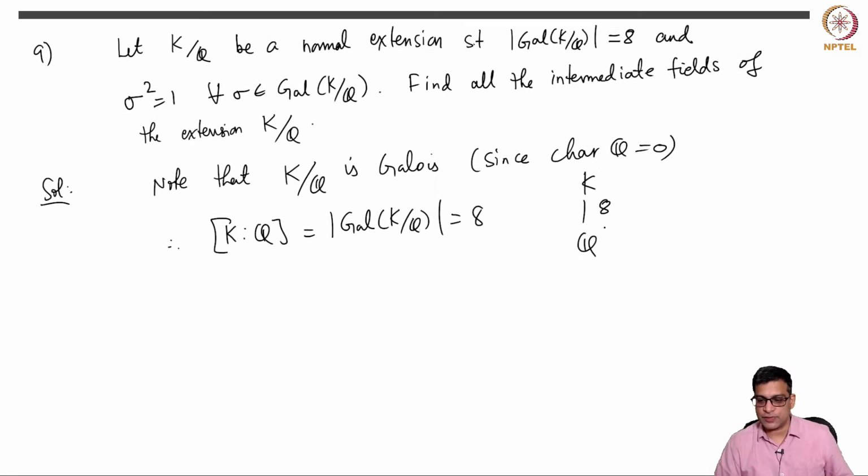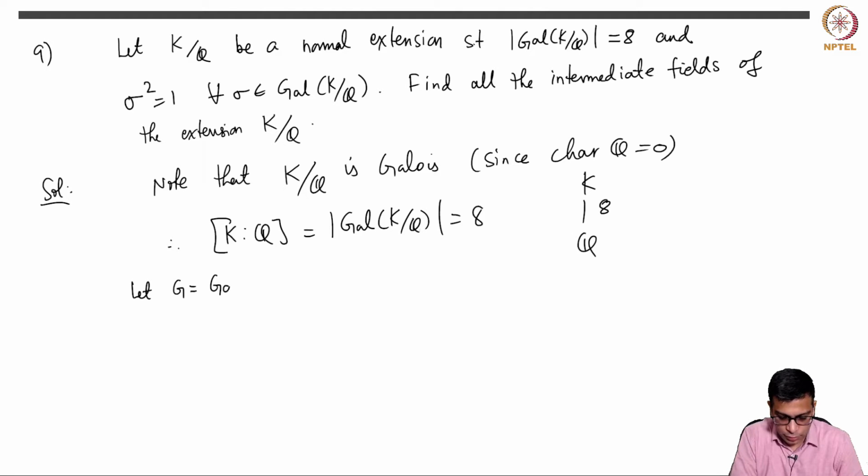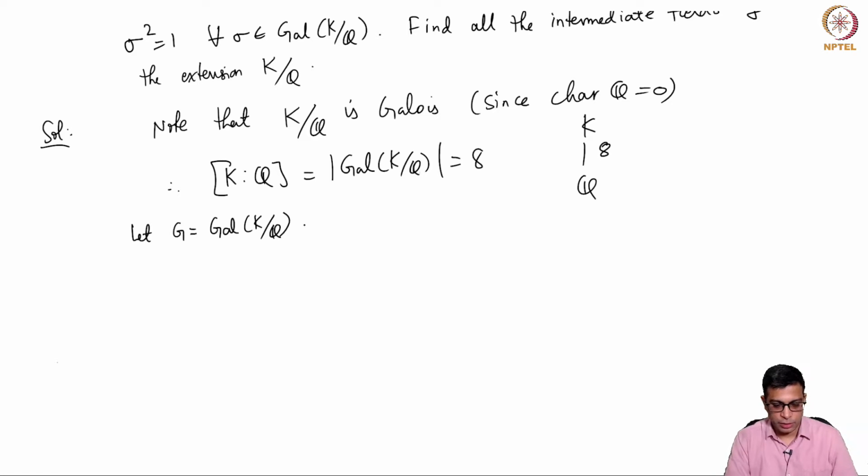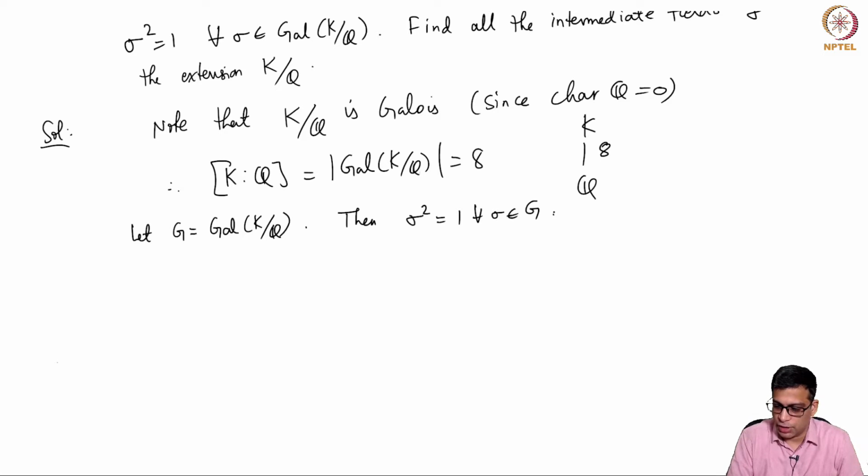Now let's use this very strong property of the Galois group. Let G be the Galois group. I'm going to write the Galois group as G because it's convenient. Then sigma squared is 1 for all sigma in G. This is the hypothesis given.